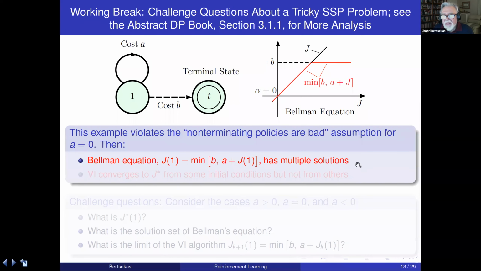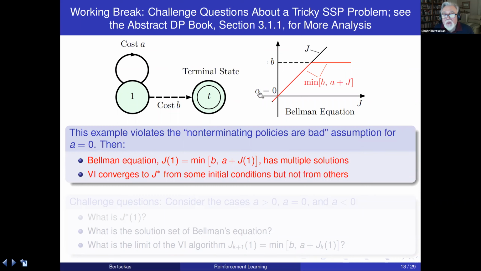And the reason is explained here. This figure shows you Bellman's equation. This is the right-hand side of Bellman's equation, and this is the left-hand side. So this equation has multiple solutions. And you can easily see also that the value iteration algorithm converges to J star.